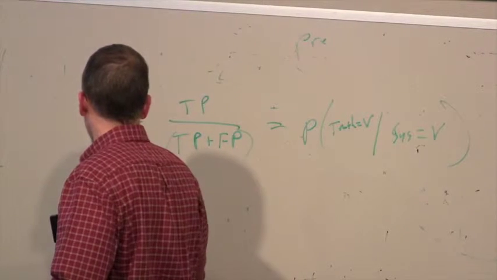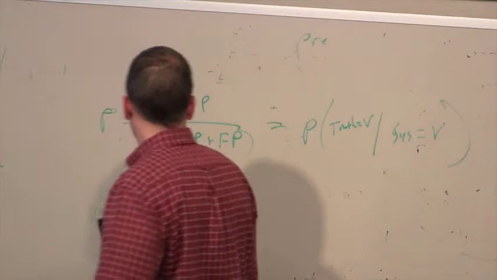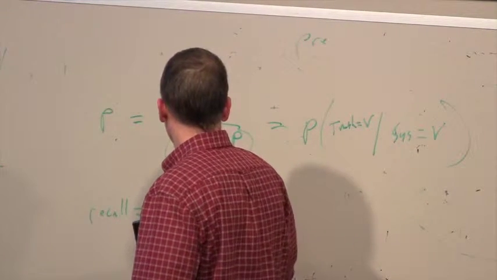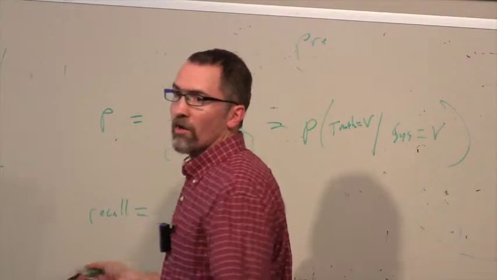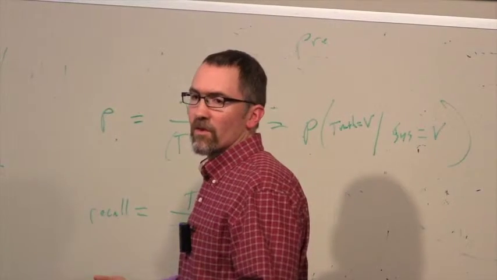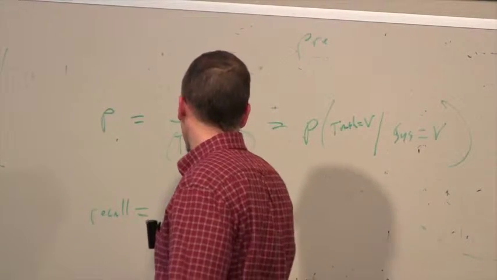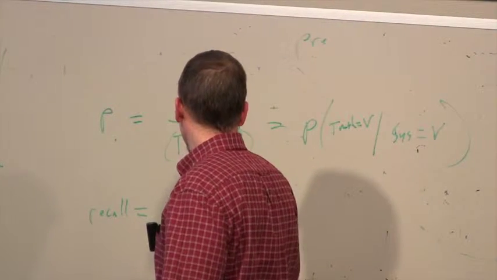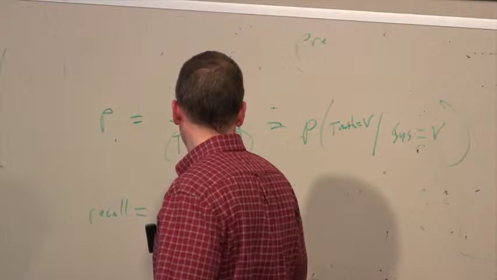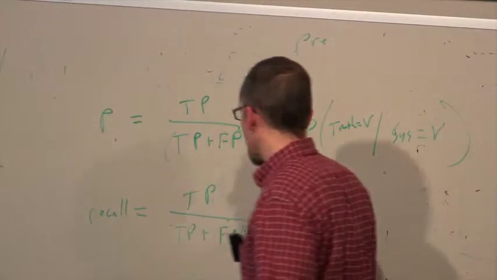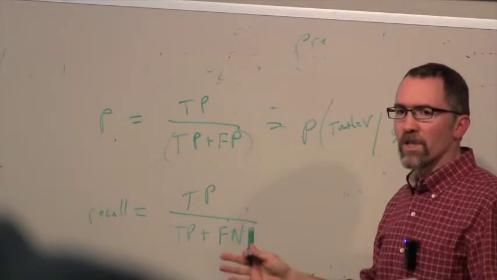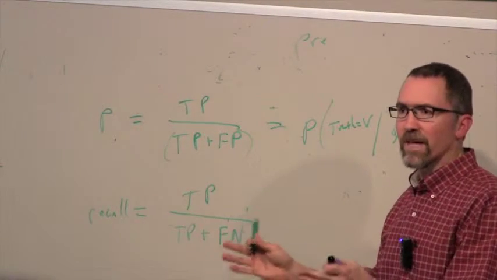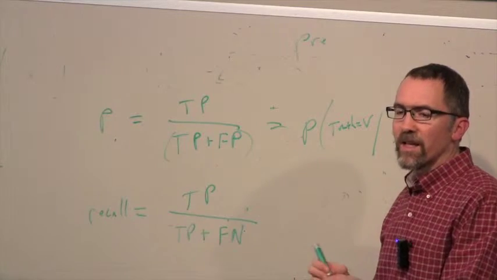And then recall is the same numerator, the ones I get right, over how many there are altogether in the data set. So how many Virginicas there actually are, which is the true positives plus the false negatives. It's a little weird way of saying it. You look at the whole population, how many of that flower type are there? So it's essentially how many did I find?